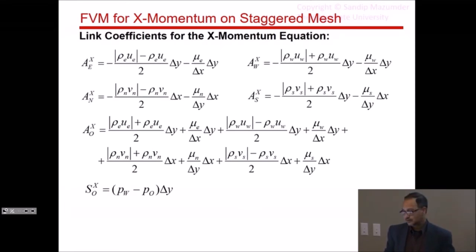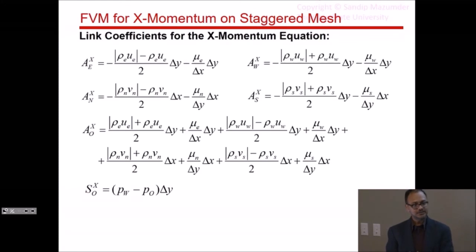But be that as it may, these are the link coefficients that we have for the x momentum equation. And the source term we have already derived. This is what the source term looks like. The only difference between these link coefficients I have here and the ones I had for the general advection diffusion equation is in the way you calculate each of those terms, not in the link coefficients themselves.